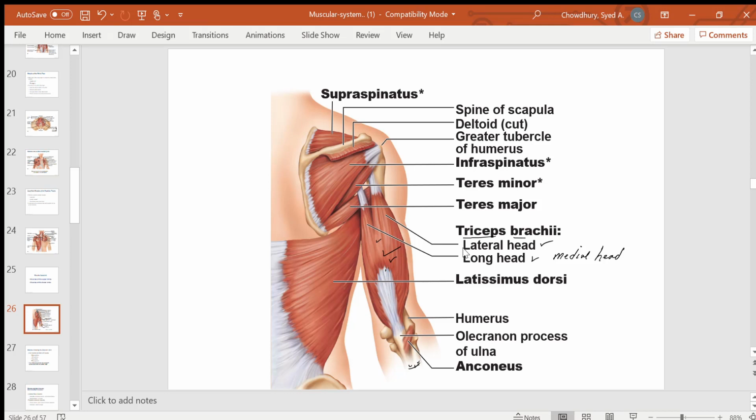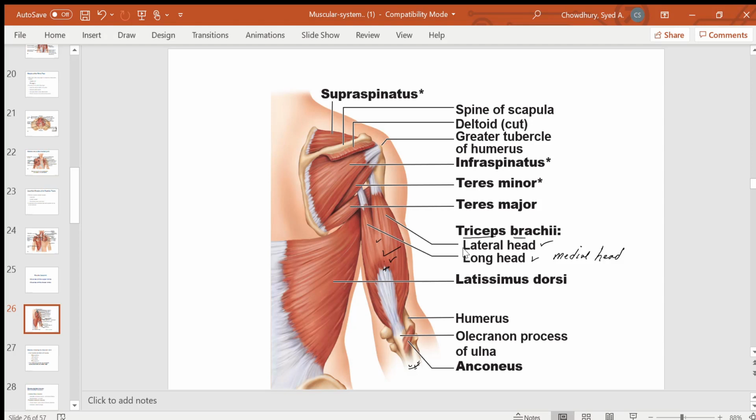So it will work on the forearm and will move the forearm backwards. That means extension. Make the forearm straight, extension. Okay. So two things are important. The muscles above will work on the bones below and will move the bone towards them. Okay.